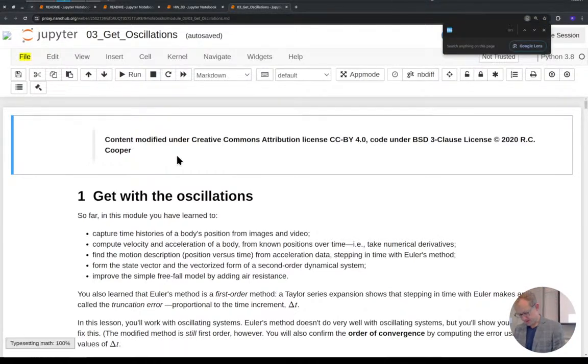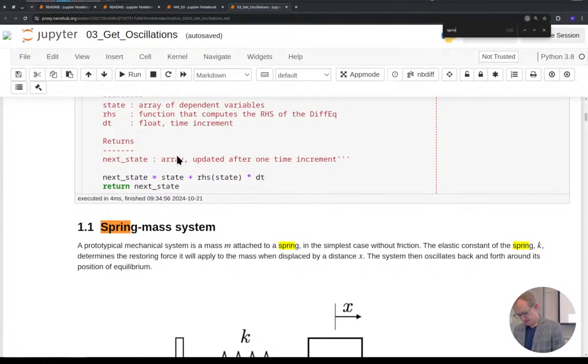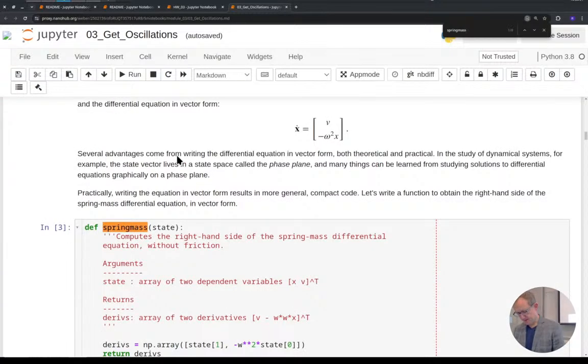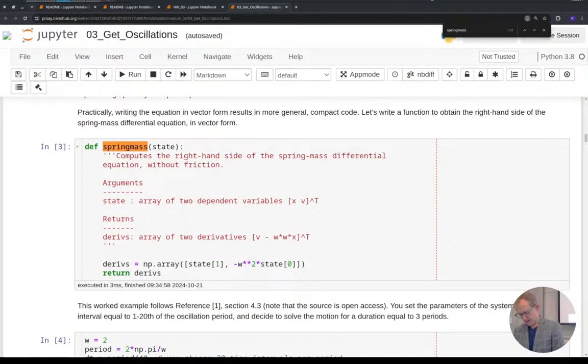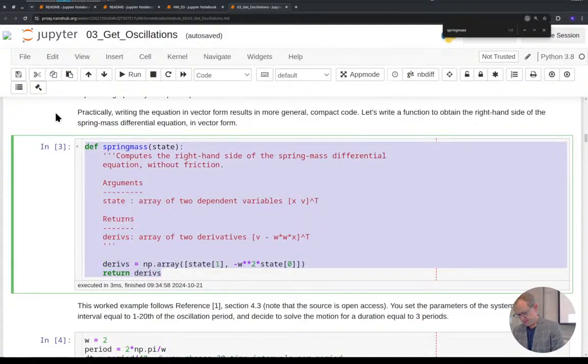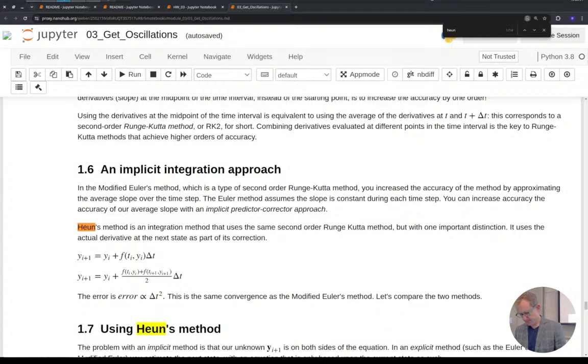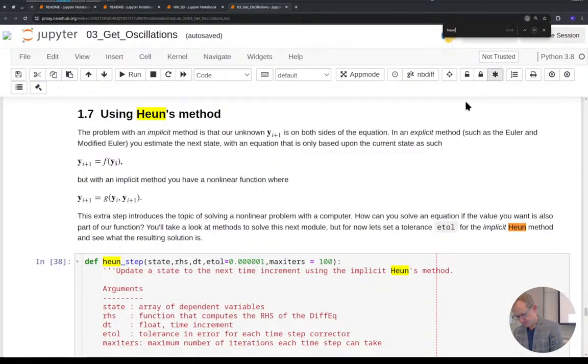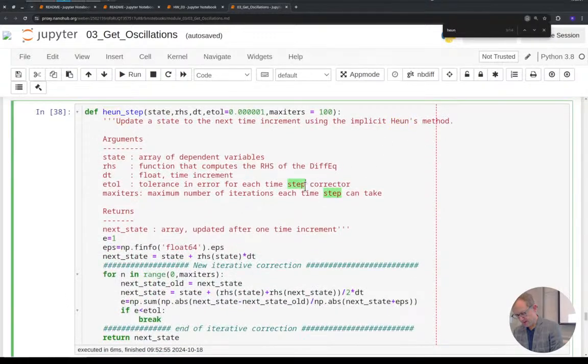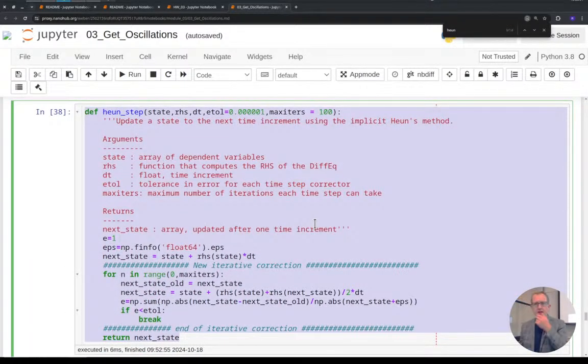Do a quick search for spring mass, and then we've got this one. And Heun step is also in here, so you don't have to create your own Heun step.